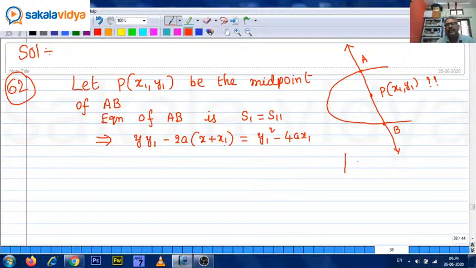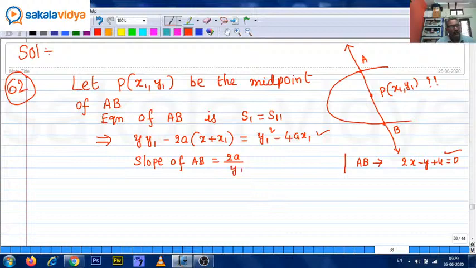What is the equation of AB? The AB equation is given by 2x minus y plus 4 equals 0. That means the slope of this line and the slope of this line must be the same. That means the slope of AB equals minus x coefficient by y coefficient, that is 2a upon y1, equals the slope of this one, which is 2.